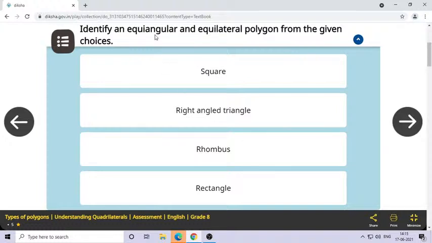Identify equiangular and equilateral polygons from the given choices. So you have to find the equiangular and equilateral polygon.